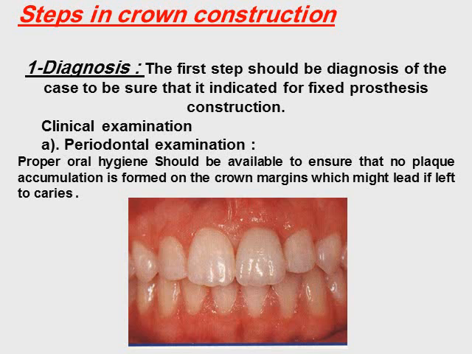health. The patient must have a good oral hygiene, his teeth must be clean, his periodontal tissue must be healthy, there is no plaque, calculus, or any gingivitis in his tissue, and the patient has a good oral hygiene to be indicated for crown and bridge.